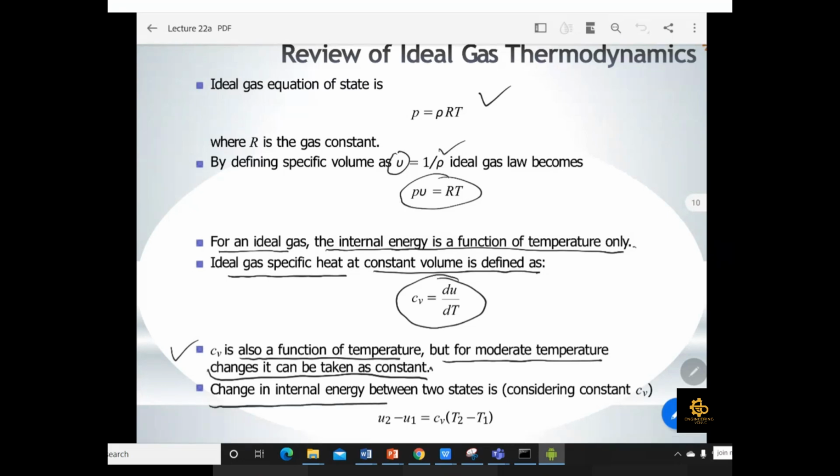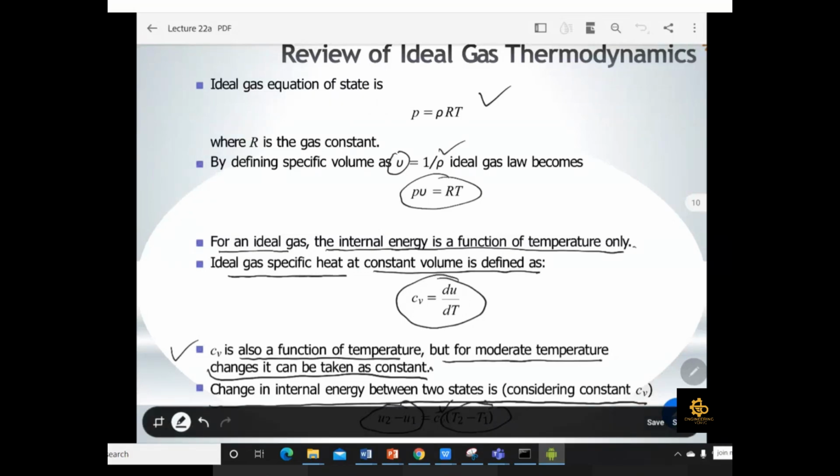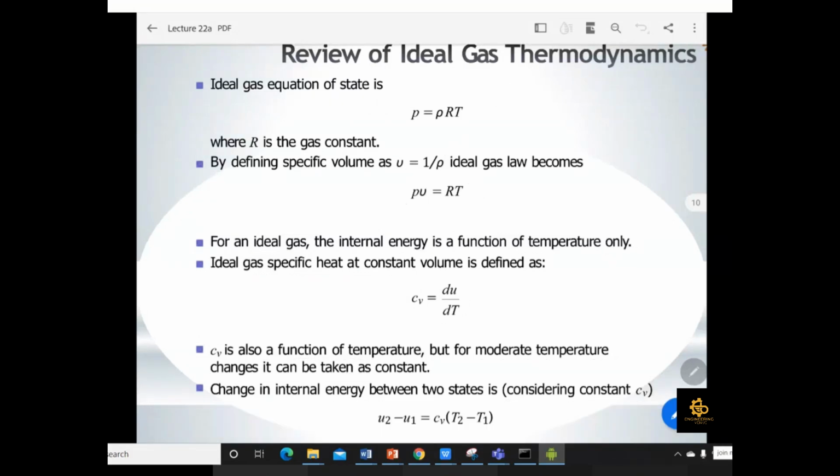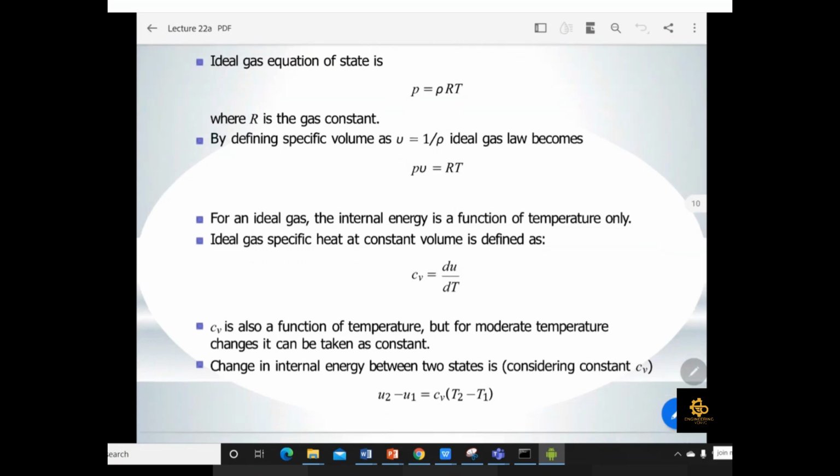So the change in internal energy between two states, considering constant Cv, is delta U equals Cv delta T. These are the equations we most commonly use in the coming slides and problems.